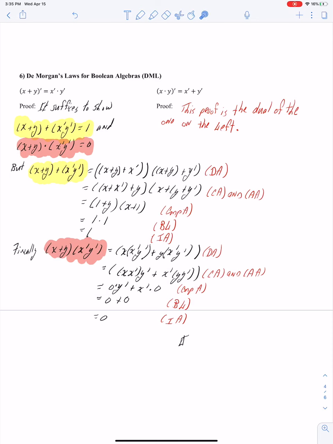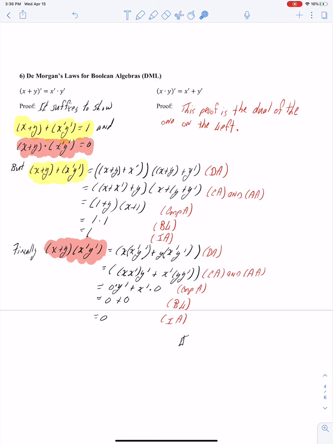Now I'm going to prove this second part, okay? And again, I'm going to start on this side and I'm going to end up with 0. All right, so let's start on this side. I have this. And now I'm going to use the distributive axiom again, but I'm going to think of it as this. It's this piece dot this sum.